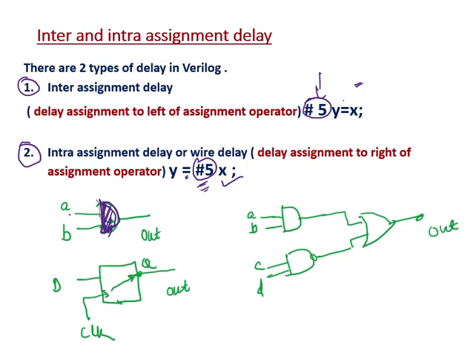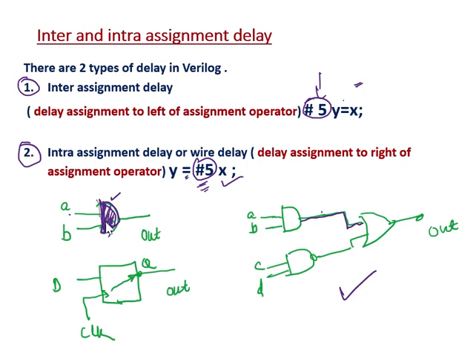All this delay, inter-assignment and intra-assignment, is because of the design constraints, or we can say the routing path. Either because of this silicon, this gate, this is gate level, right? Because of this gate there will be some inbuilt delay, or because of all these connection wires, these are routing delays.